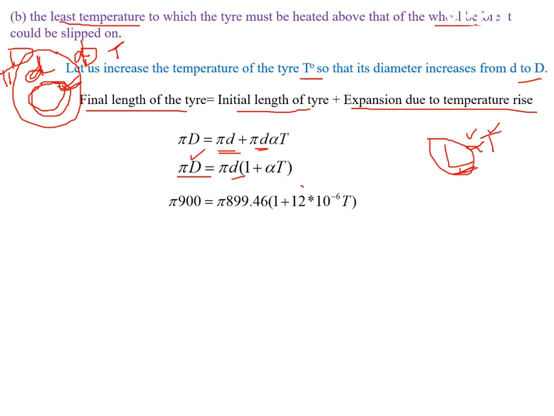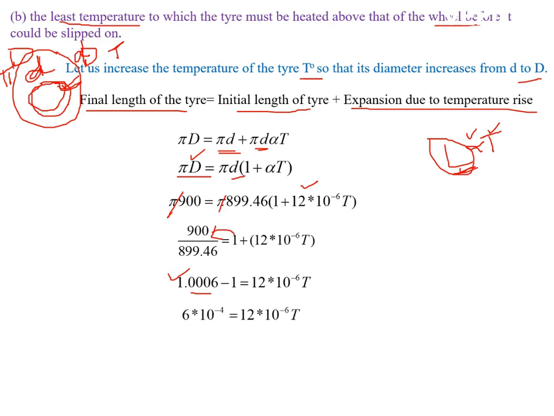And alpha is also given in the data, 12 into 10 to the power of minus 6, into capital T. Pi cancels, so 900 divided by 899.46 equals 1 plus 12 into 10 to the power of minus 6 capital T. The value of 900 divided by 899.46 is 1.0006, so 1.0006 minus 1 equals 12 into 10 to the power of minus 6 into capital T.